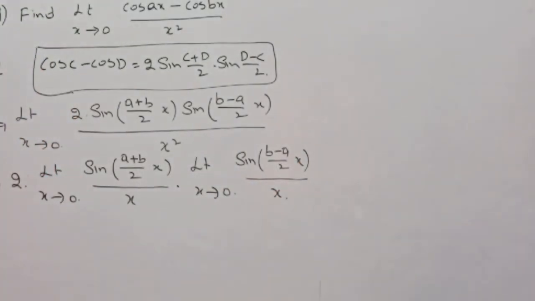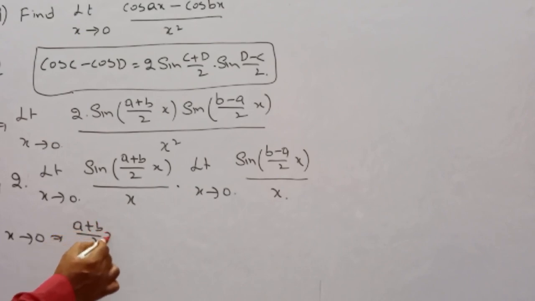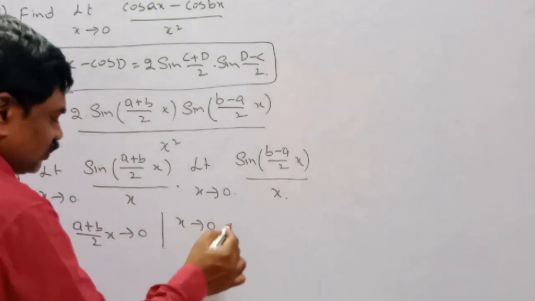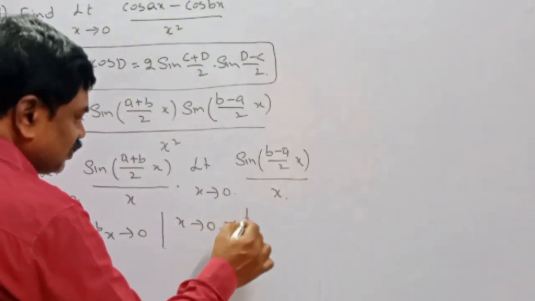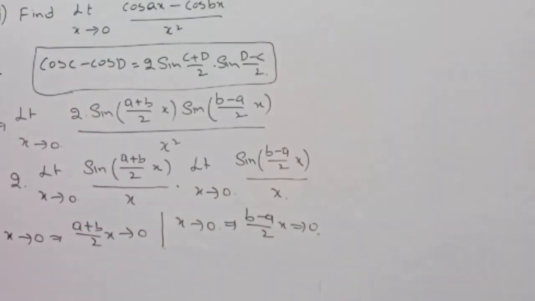Here, x tends to 0 implies (a plus b) by 2 x tends to 0. Similarly, (b minus a) by 2 x tends to 0.